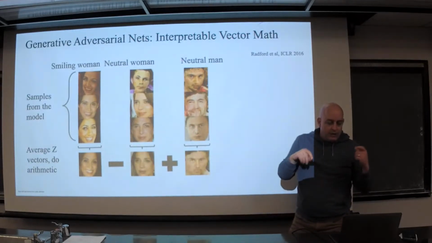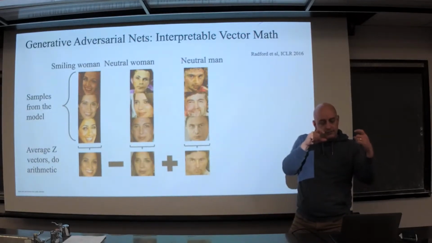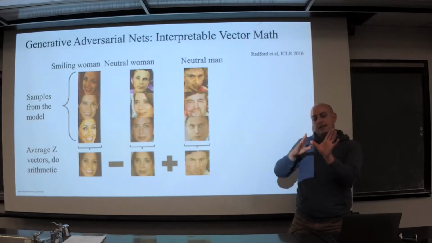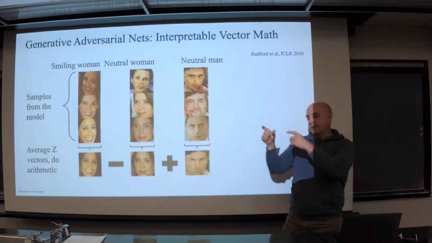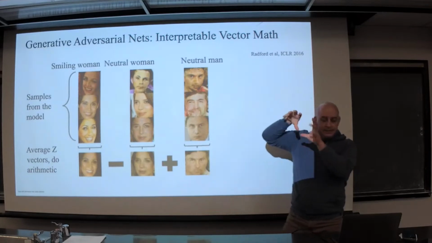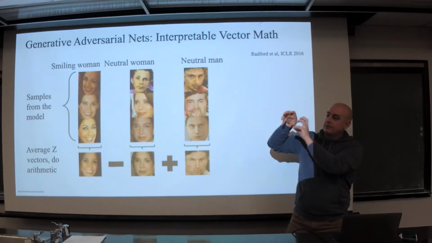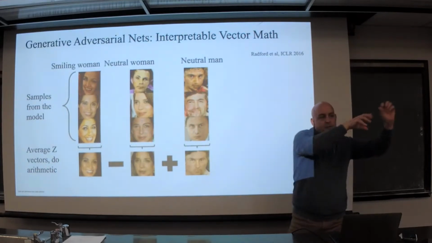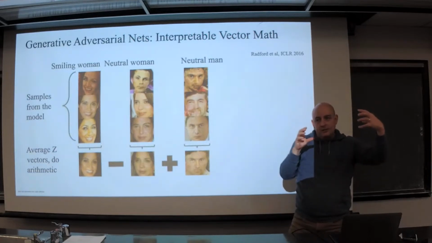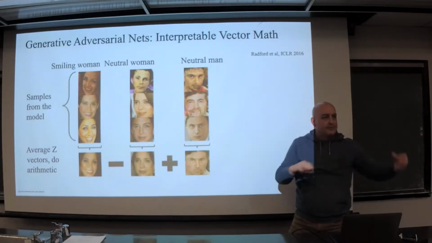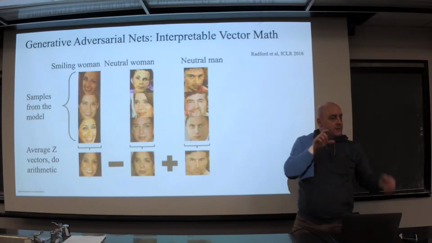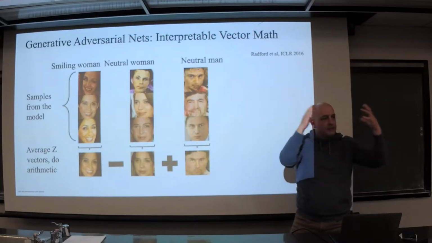So what could that difference represent? Well, in our latent space, this is a vector pointing from the average of a neutral woman to the average of a smiling woman. The difference between those is a smile, right? So one might think, maybe that direction has meaning in the latent space.